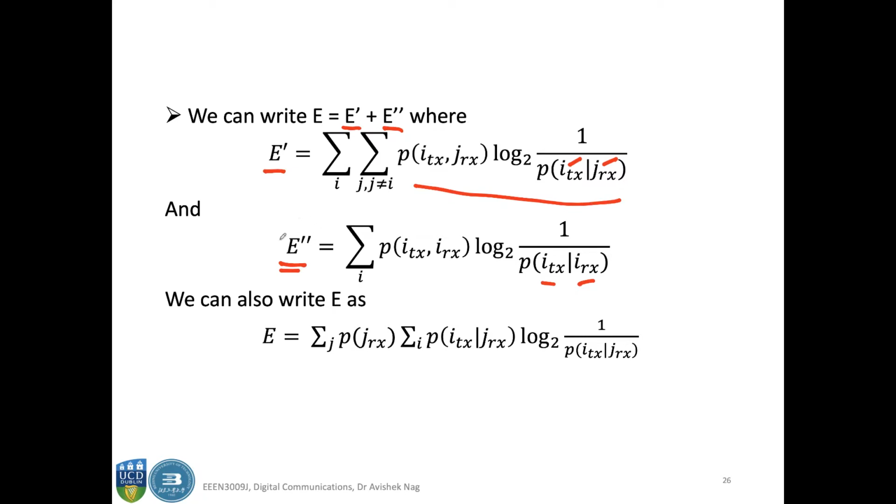So the no-error terms are given by E double dash, and the error terms are given by E dash. You can write E as E dash plus E double dash. You can also write E as this.